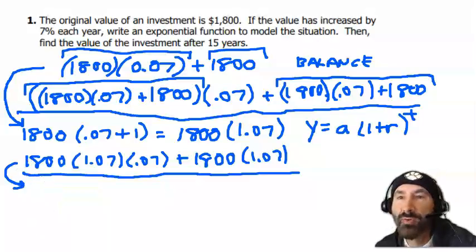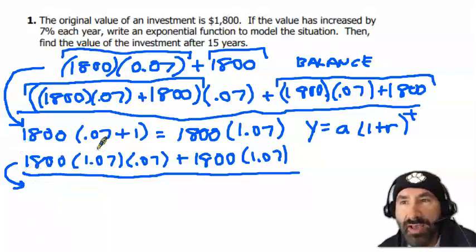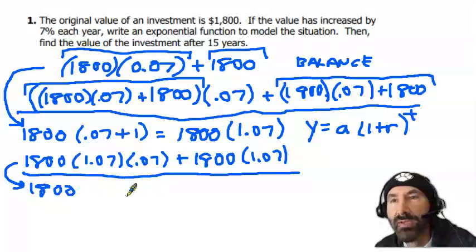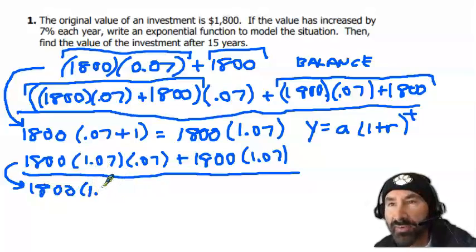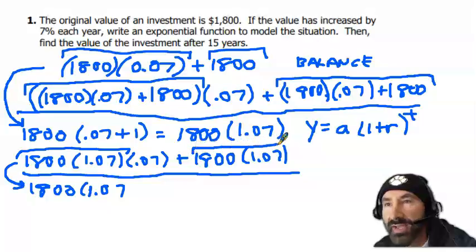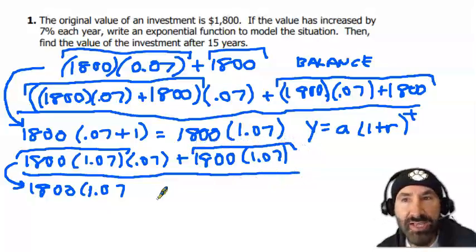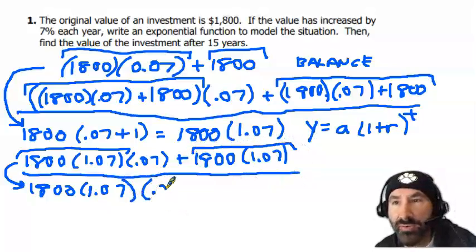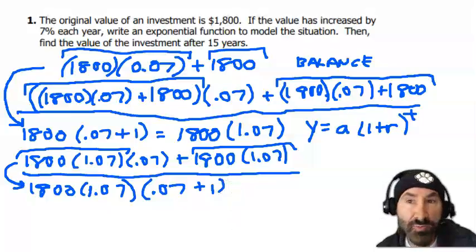The GCF is 1800 times 1.07, because it appears here and it appears here. And if we factor it out as a GCF, then what's left over is 0.07 plus 1, also known as 1.07.